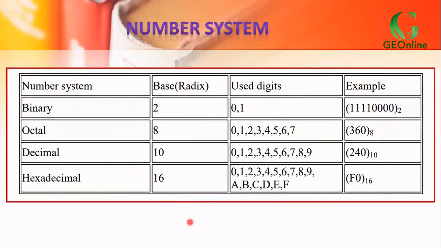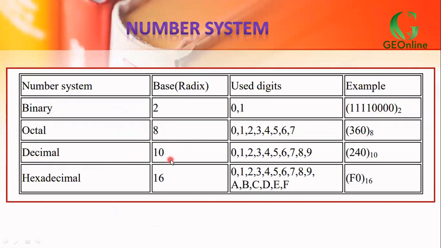So let us conclude. Binary number system base is 2, digits are 0 and 1. Octal number system base 8, digits 0, 1, 2, 3, 4, 5, 6, 7. Example, 360 to the base 8.